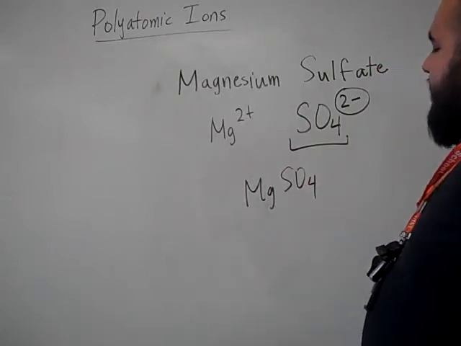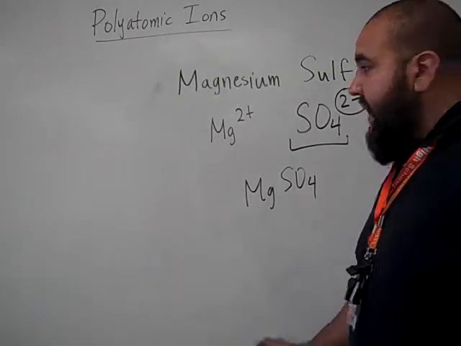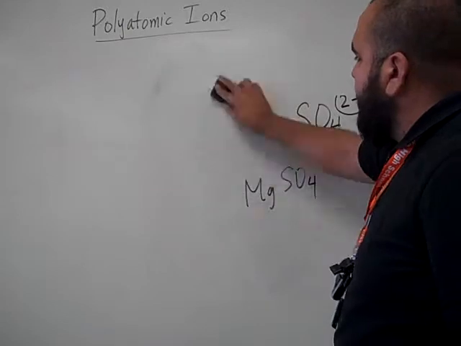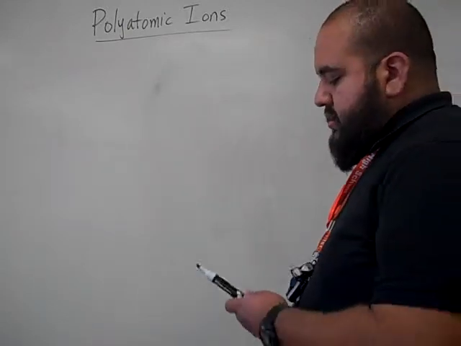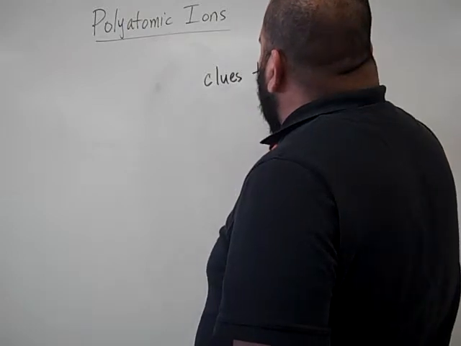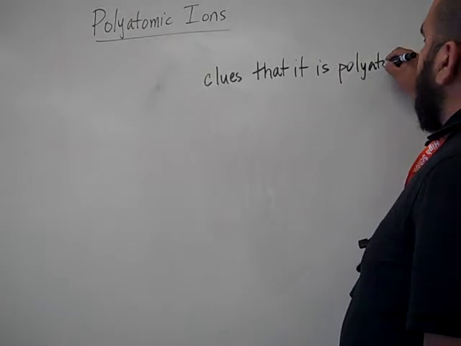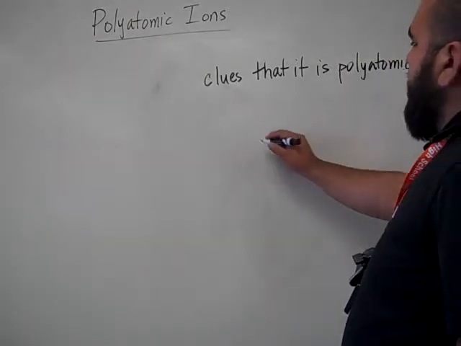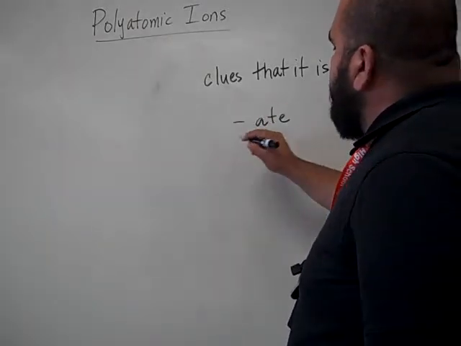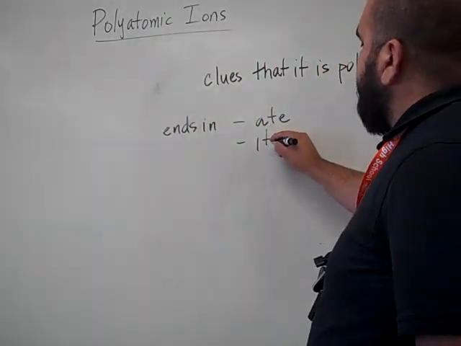Now, how would you recognize if something is a polyatomic ion? Look for these clues, okay? They end in -ate or -ite.